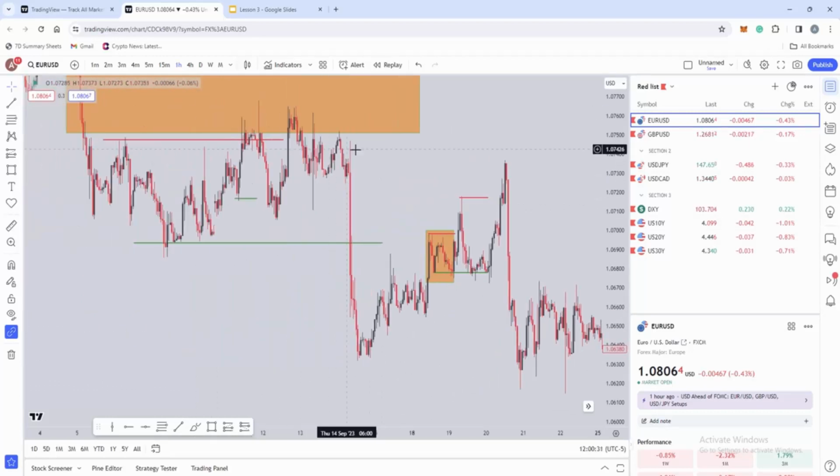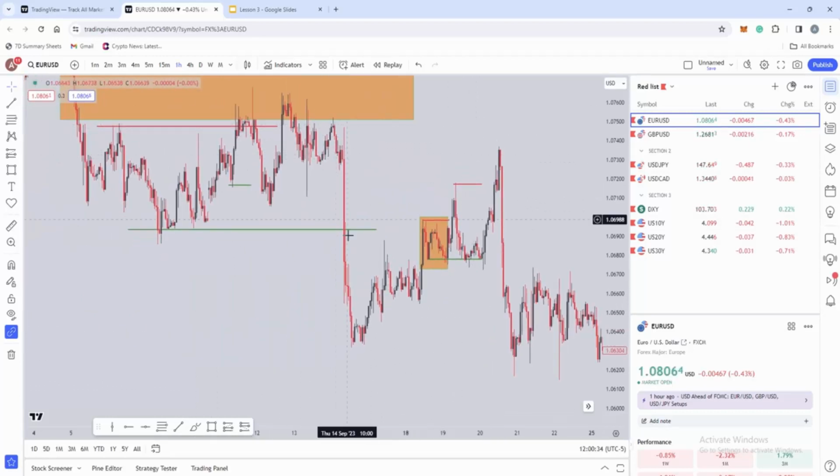So knowing that the market structure is going to go from high to low, let me point this out. This is our high, and this is our low. And we know that market structure is bearish. So we expect price to go up, take this buy side liquidity here, and create a lower high, which it does.